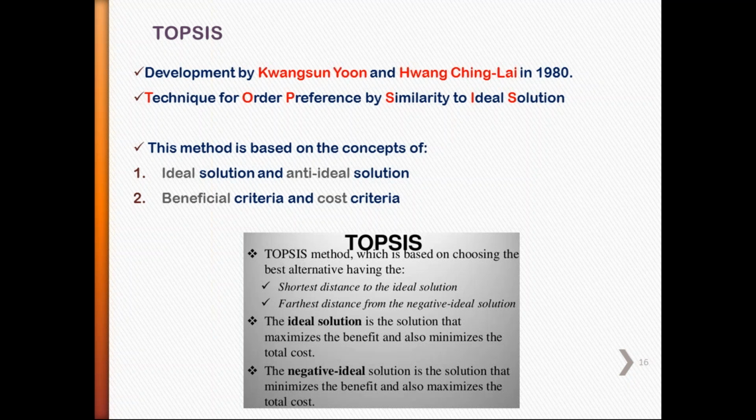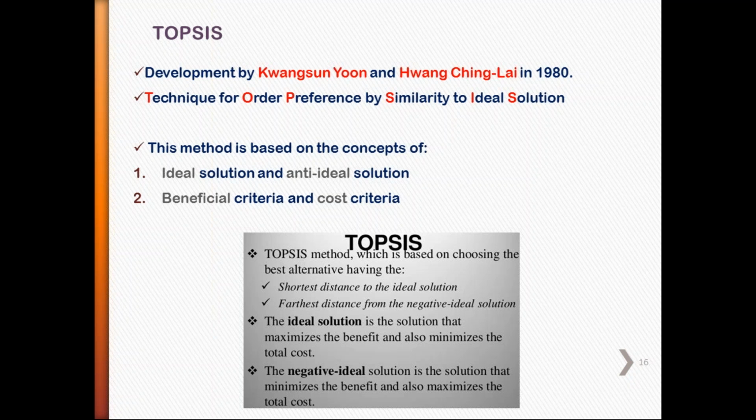So the TOPSIS method is based on the concepts of ideal solution, ideal alternative and anti-ideal alternative, beneficial criteria and cost criteria. What is ideal alternative and anti-ideal alternative? Before that, let me explain what is benefit criteria and cost criteria.